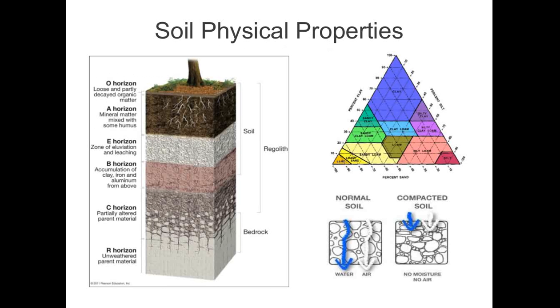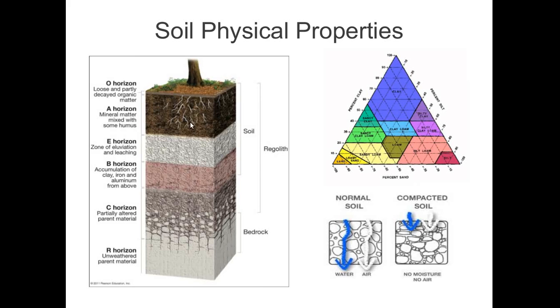So, soil physical properties. There's basically a horizon or different horizons that you see in a soil profile. Soil, of course, comes from bedrock, and so bedrock weathers slowly and steadily into soil until you get this nice A horizon.